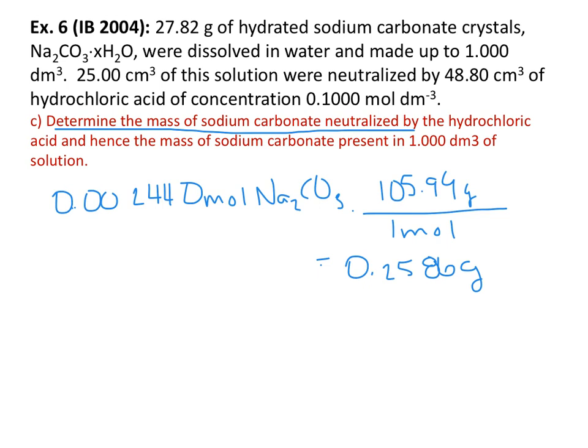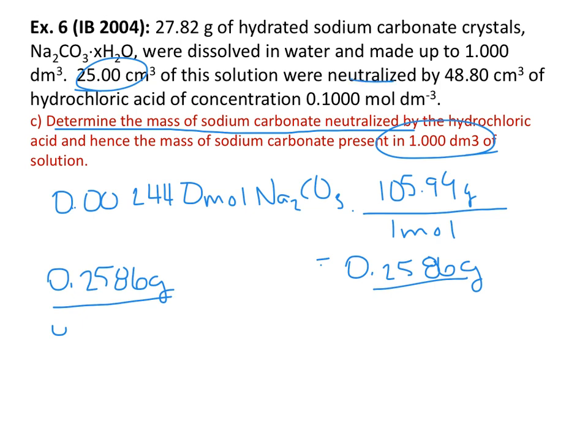But if you notice, now we're trying to figure out how much was present in 1 decimeter cubed. Well, we didn't divide by 1 decimeter cubed before, but that's okay. If I can figure out how many grams per that decimeter cubed, I can use a proportion to figure out how many grams for exactly 1 decimeter cubed. So I'm going to set up a proportion for this next part. 0.2586 grams, and that was for the given volume of the 25 that was used for neutralization.